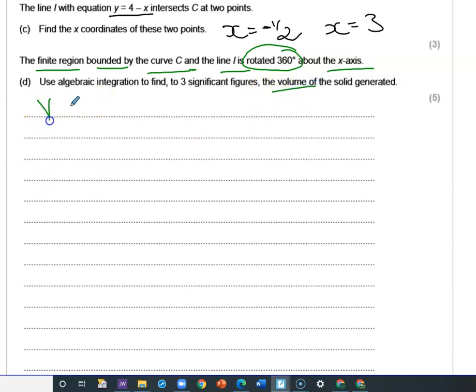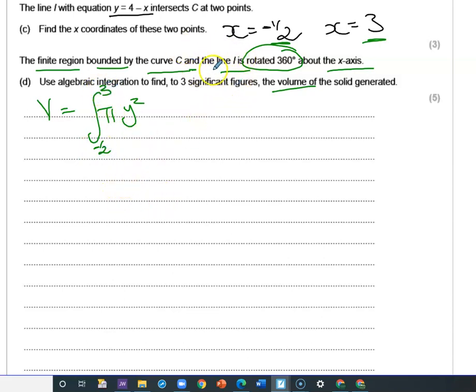So the volume of rotation is given by the integral of pi times y squared. And the limits of that integral will be the points on the x-axis where the two graphs meet. So in this case, we're going from -1/2 to 3.